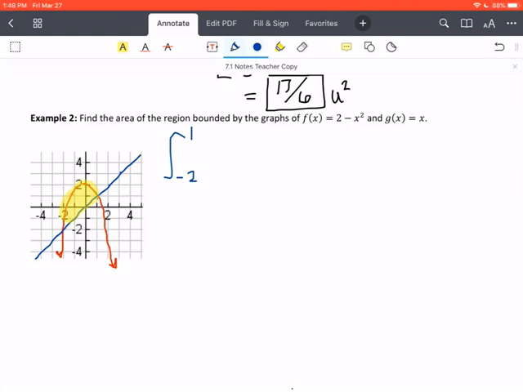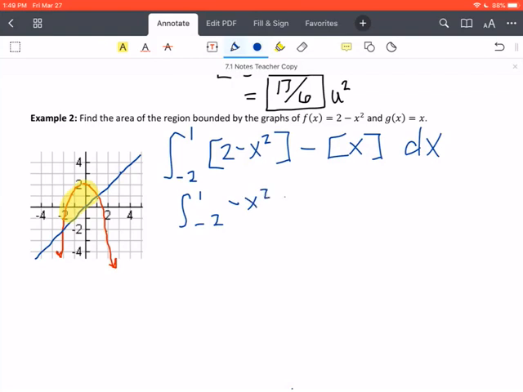And then we are going to take, the parabola is the function on top, so 2 minus x squared, and then subtract the function below, the lower function, so that's just x. So then again, maybe do some cleanup. And we have negative x squared minus x plus 2 dx.